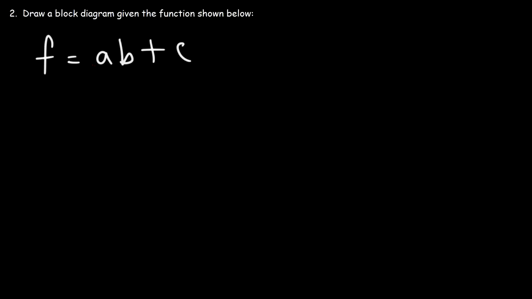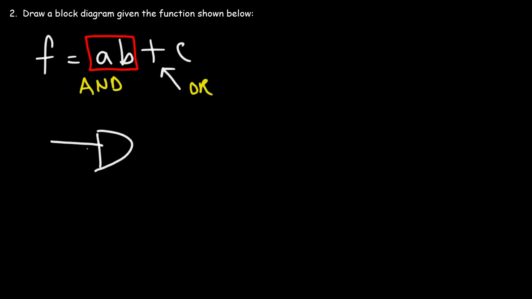So first, notice that a and b are multiplied to each other. So we're going to deal with an AND gate. And notice that we have an addition symbol. So we're going to use an OR gate between ab and c. So let's begin. Let's start with the AND gate. So here are the 2 inputs, a and b, and then the output of that will be just ab.